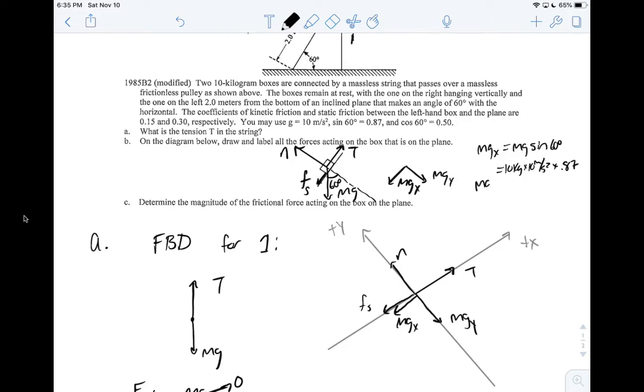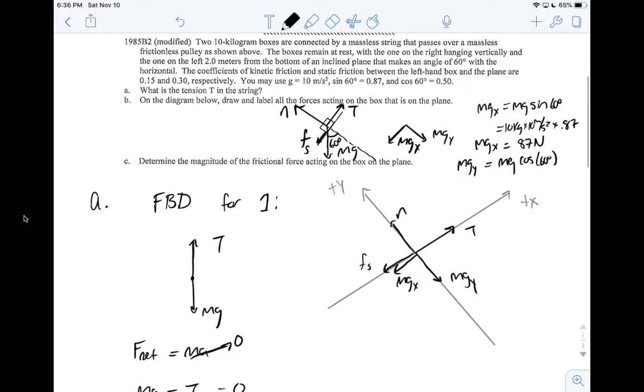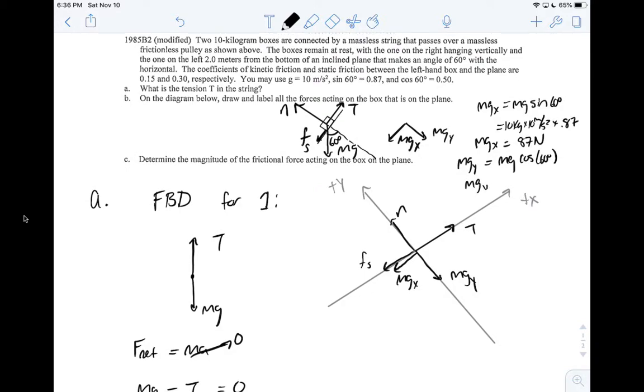So that means that mgx is going to be 87 newtons. mgy will be mg cosine of 60. Cosine of 60 is 0.5, so we'll have 0.5 times 10 times 10, so mgy will be 50 newtons.